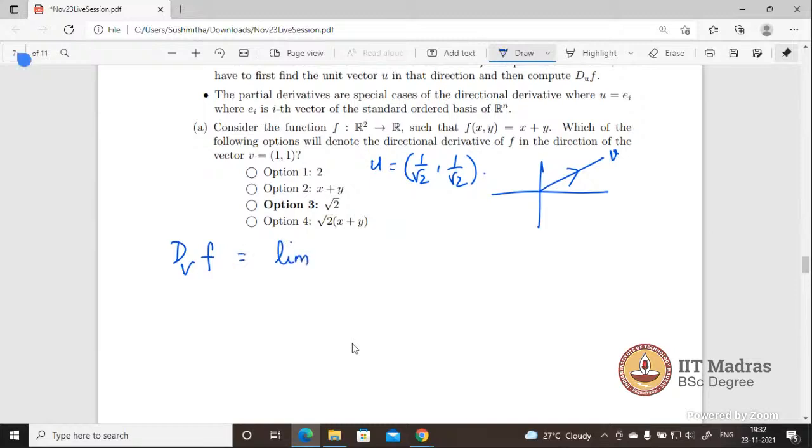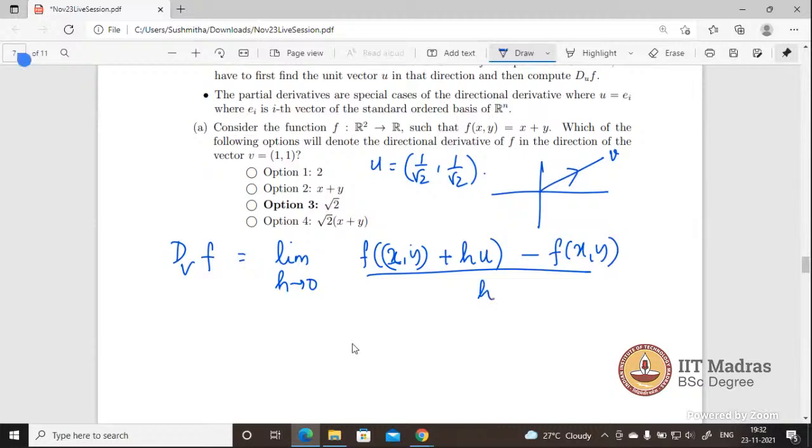This is going to be the limit as h tends to 0 of f of x plus h u. Sorry, it won't be x plus h u, right? It will be x tilde, that is (x, y) plus h u, minus f of (x, y), all divided by h. Right?